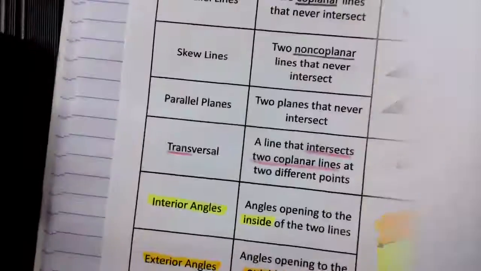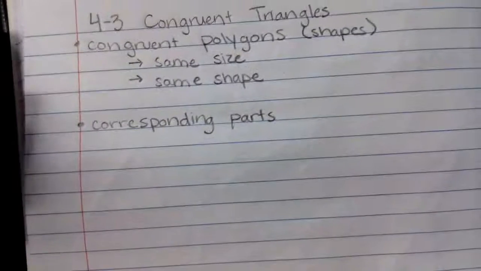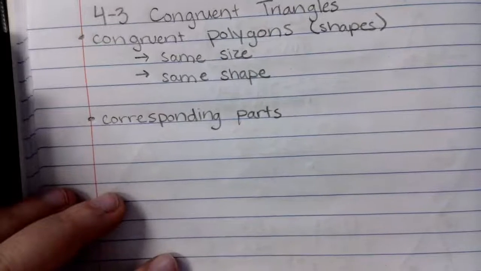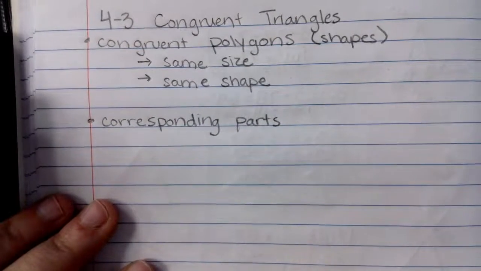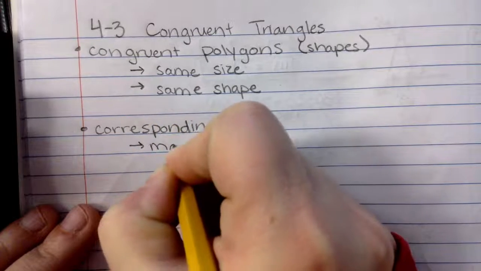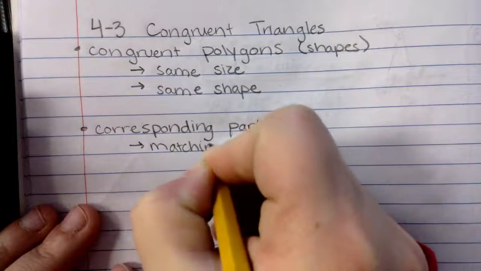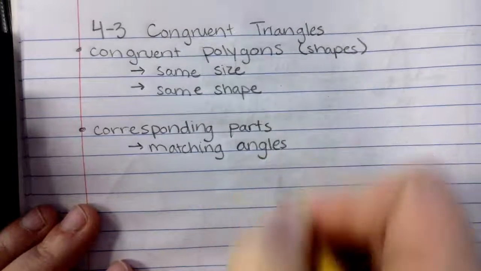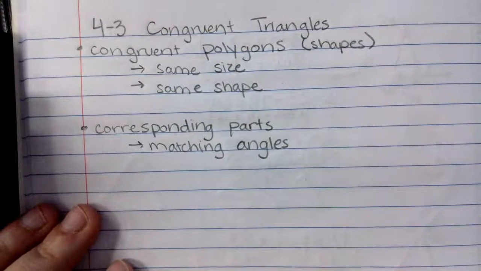So corresponding, we're really thinking in this chapter that corresponding parts are like matching parts. So we're going to talk about that as matching angles, and we're going to talk about that as matching sides.